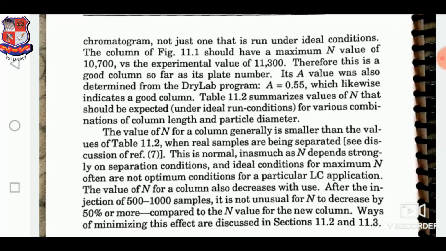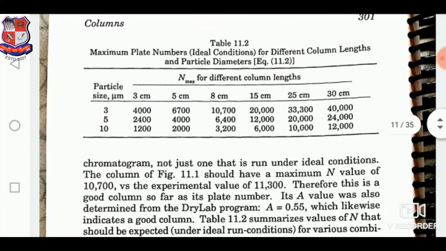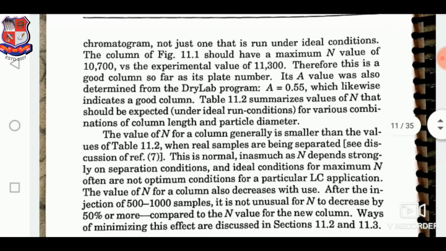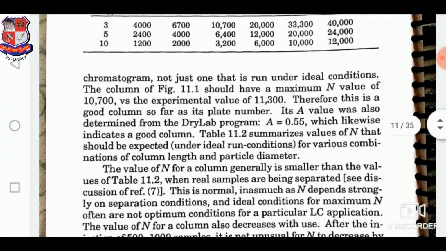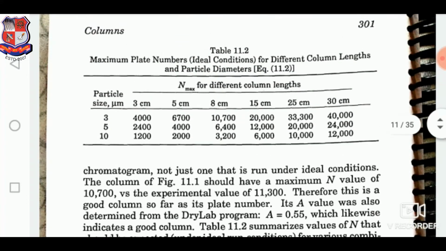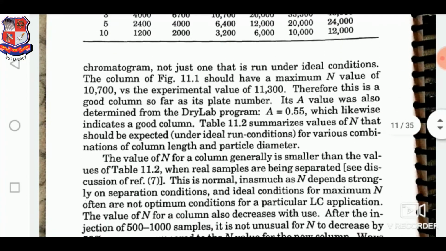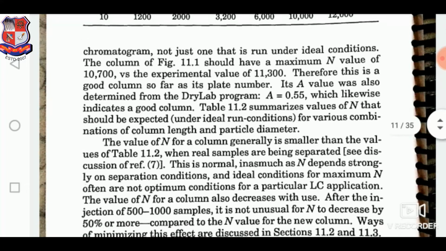So generally the value of N for a column is smaller than the value mentioned in table 11.2. When real samples are being separated, reality is different.